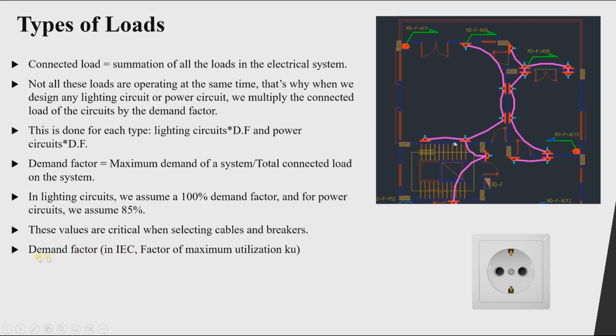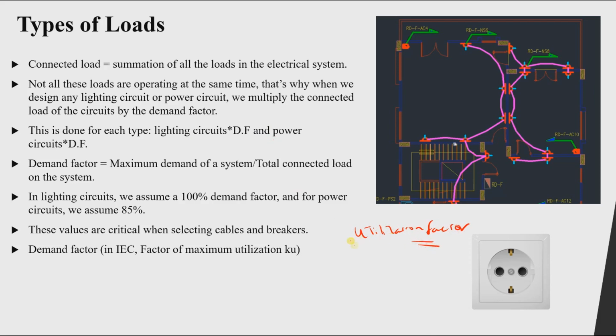This is exactly this one, but in IEC it is written in a different form. Now also in mechanical systems such as HVAC systems and so on, the mechanical engineer can give you values of utilization. We have a utilization factor for machines.